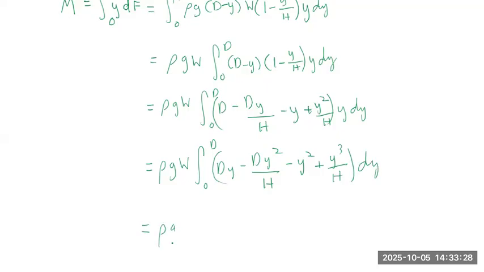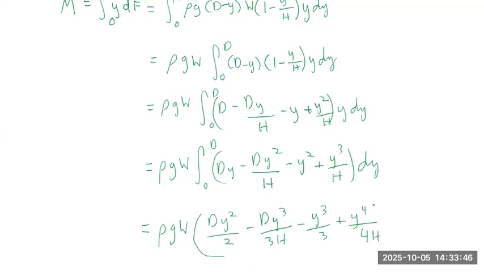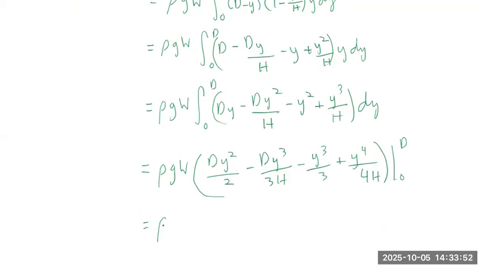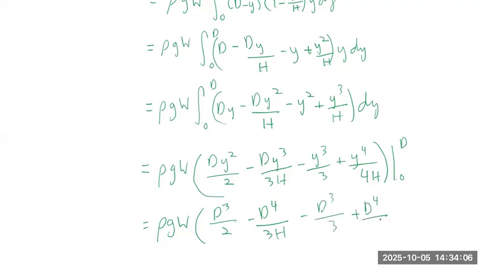This is equal to rho g w times dy squared over 2 minus dy cubed over 3h minus y cubed over 3 plus y to the power 4 over 4h, evaluated from 0 to d. This is equal to rho g w times d cubed over 2 minus d to the power 4 over 3h minus d cubed over 3 plus d to the power 4 over 4h, and then minus 0.